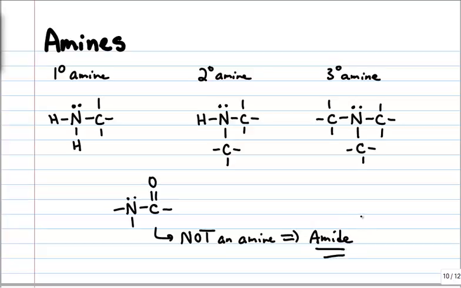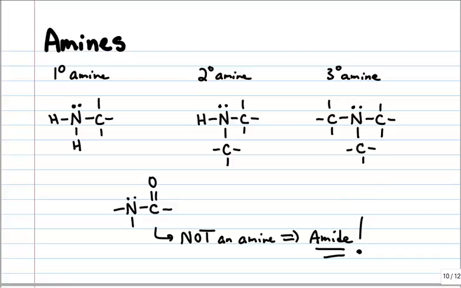And amides have very distinct properties from amines. So that being a C double bond O makes this a very different type of molecule. But you can still use these rules to determine a primary, secondary, and tertiary. But if you see a nitrogen directly attached to this carbonyl, then you know you do not have an amine, you have an amide.